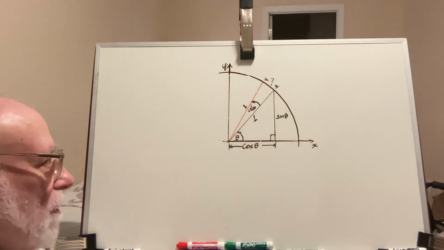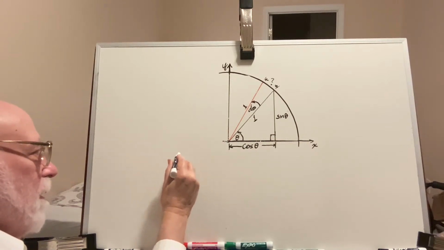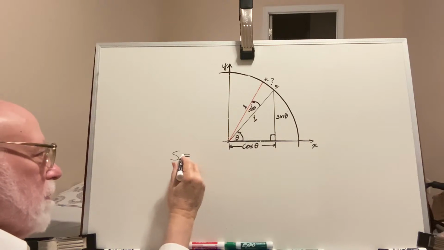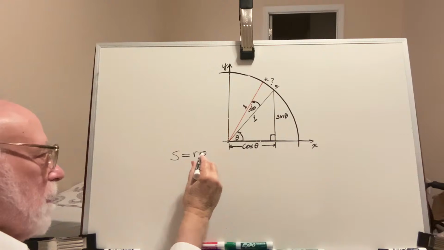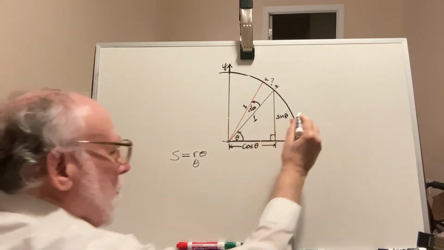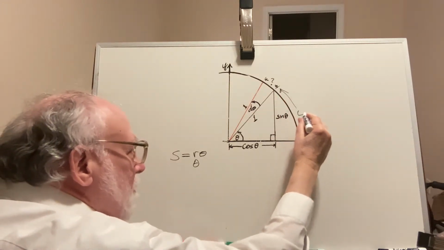So what we know is that the arc length of a part of a circle is r theta, but r is 1. So this over here is going to be theta.